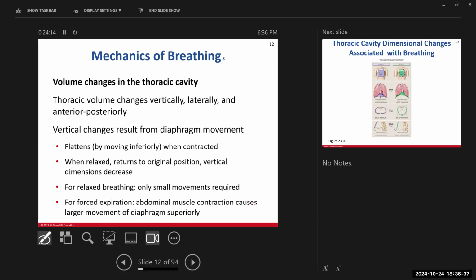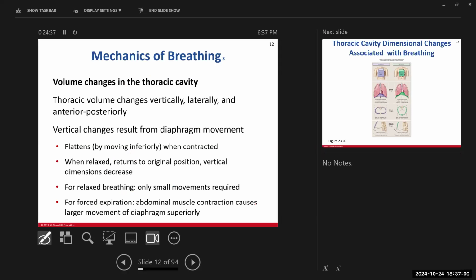So I told you guys, on a couple slides ago, that the volume of your thoracic cavity is going to affect the pressure gradient. So we're going to first talk about what I mean by that. When you take a breath in, your thoracic cavity's volume is going to change.